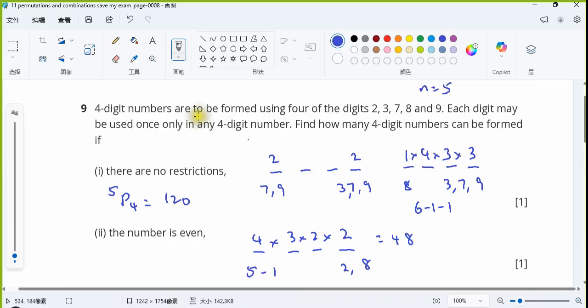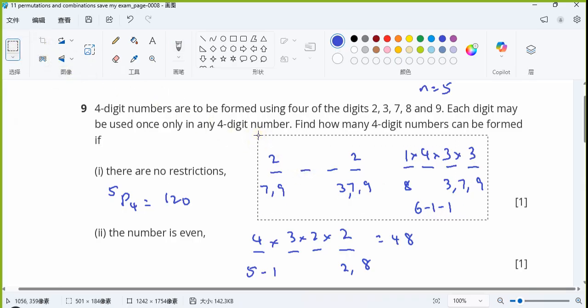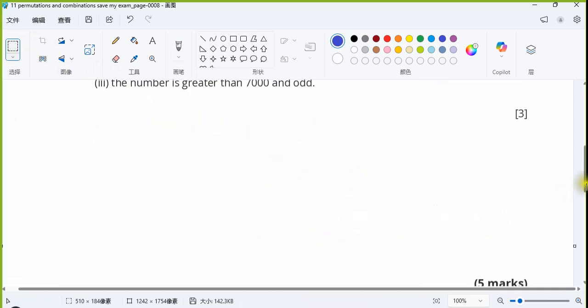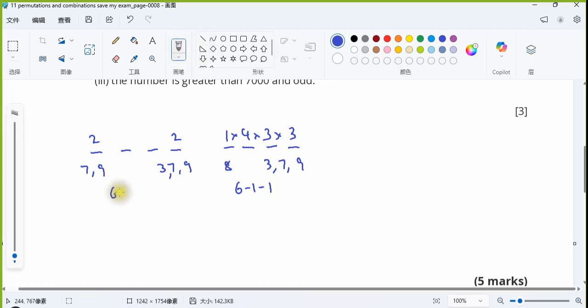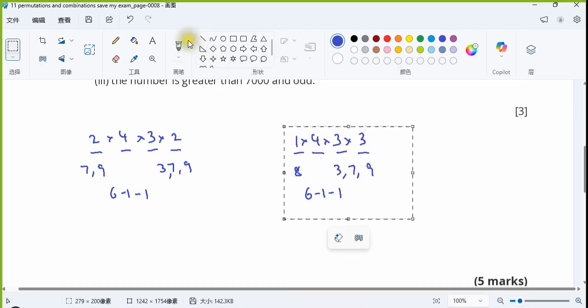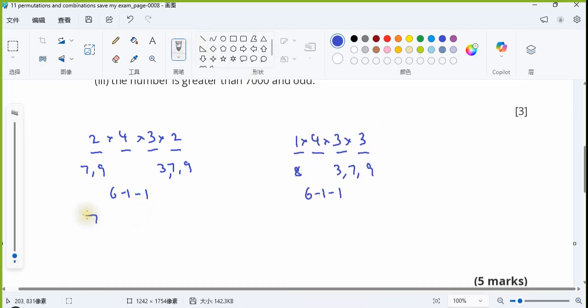Then we have 6 minus 1, then 4 here, 3. Okay, this is because when we use 7 here, then we cannot use 7.